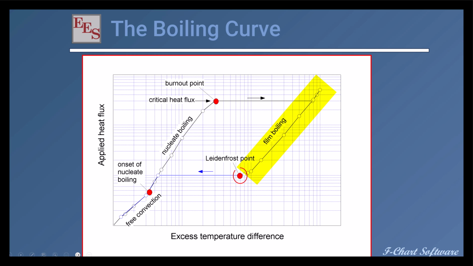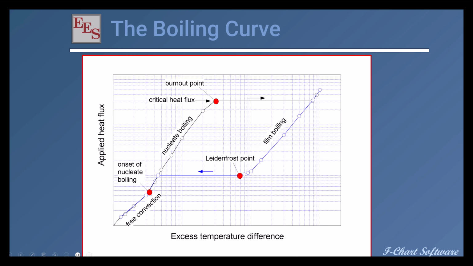And that persists all the way down here to the minimum film boiling temperature, or the Leidenfrost point, at which point you spring back over, so the excess temperature difference drops a lot until you get back onto the nucleate boiling curve. And then if you keep cooling, you do some nucleate boiling and then some free convection.